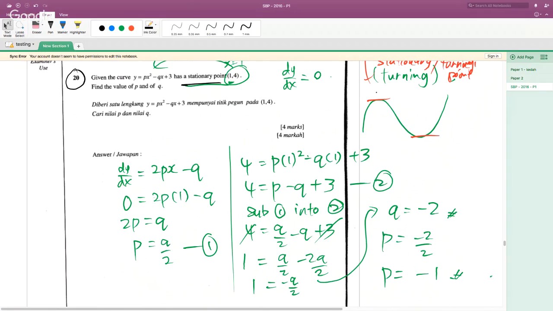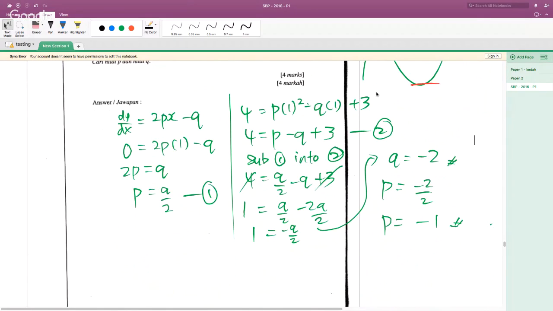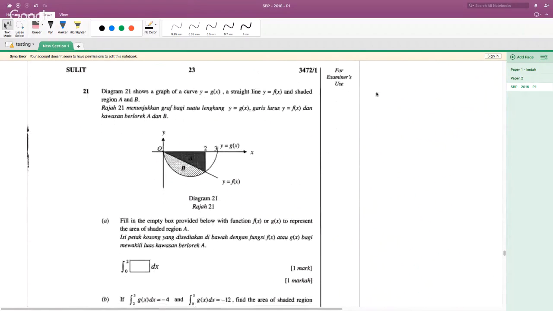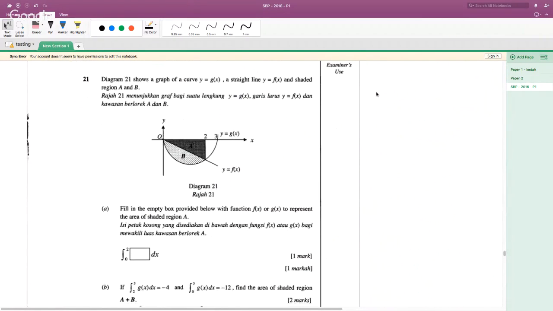You can try using completing the square. Normally dy/dx and completing the square are the only things in MF you use to solve maximum, minimum, stationary or turning point. Okay, I hope I do answer your question. So let's move on to 21.